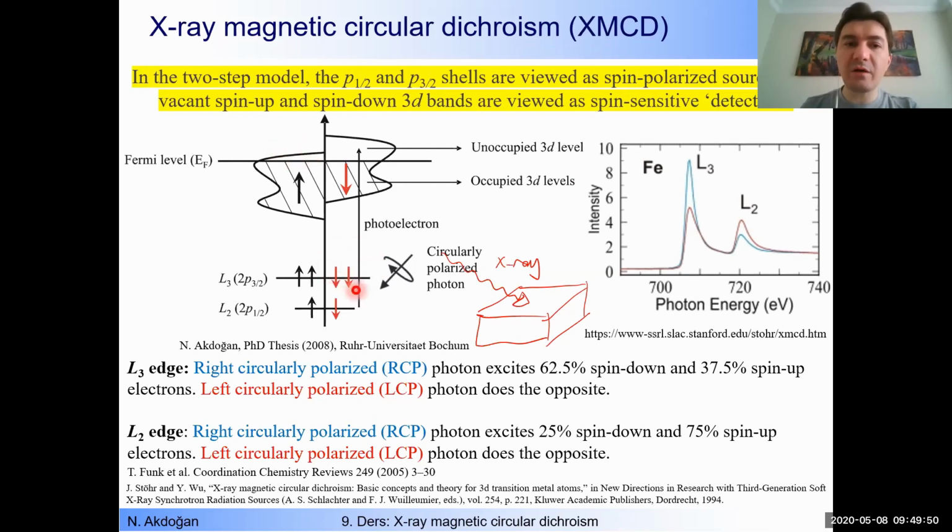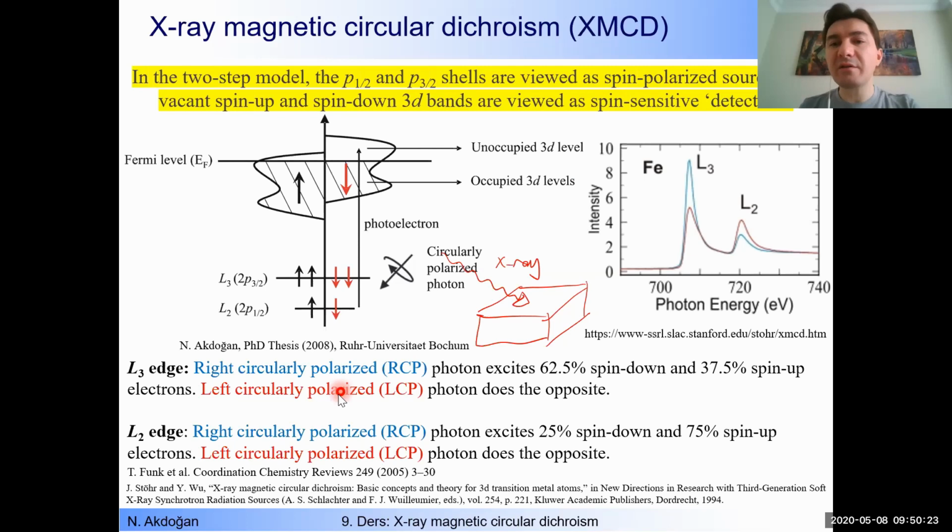But for the spin-down ones, we have enough place because there are unoccupied 3D levels for the spin-down electrons. And if I use RCP, I mostly excite spin-down electrons. If I use LCP and send X-rays with that energy, then we mostly excite spin-up electrons. So it is vice versa, you see?